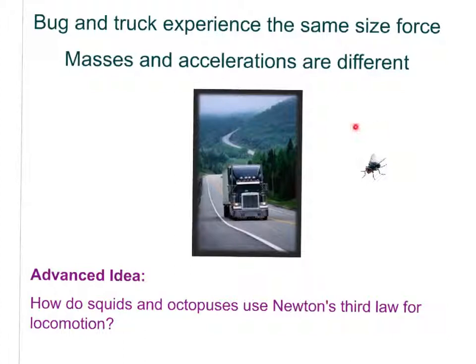The bug is traveling this way and the truck traveling the opposite direction. But they are experiencing the same amount of force. Obviously, their mass and their accelerations are different, but the amount of force they both experience is the same.